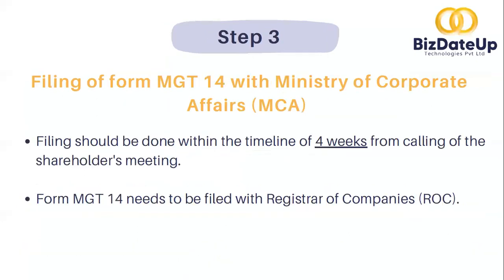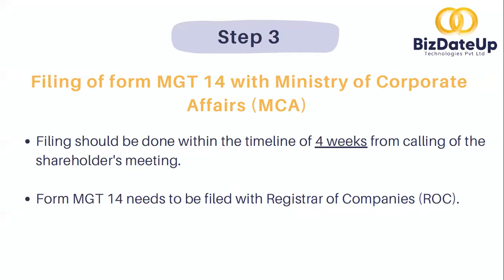The next step is, once the meeting is done and resolutions are passed, those resolutions need to be filed with the Registrar of Companies, that is the regulatory authority. In that form MGT 14, certain resolutions have to be filed, which takes somewhere around 4 to 5 weeks to get approved.